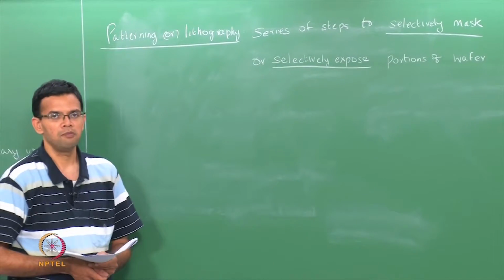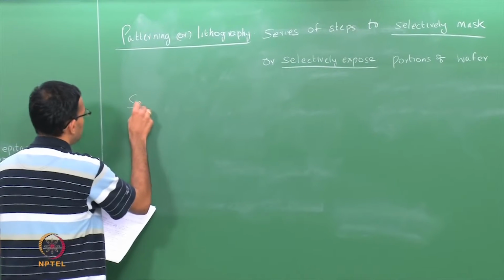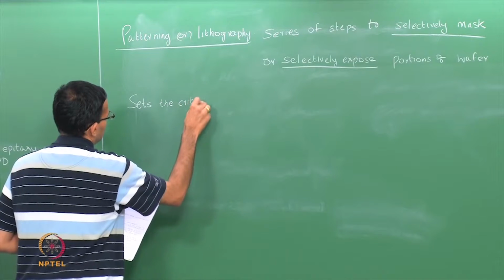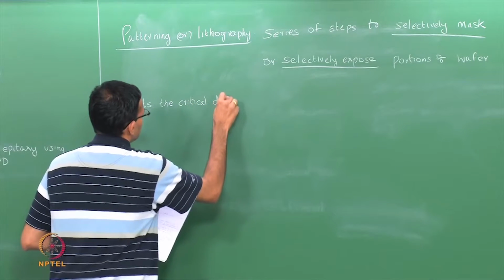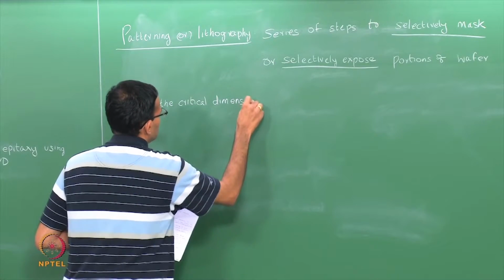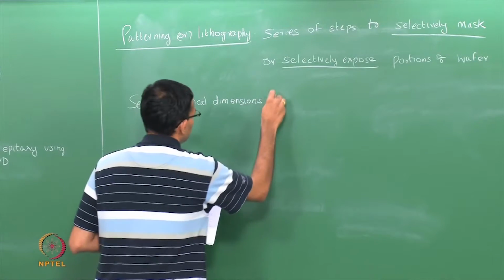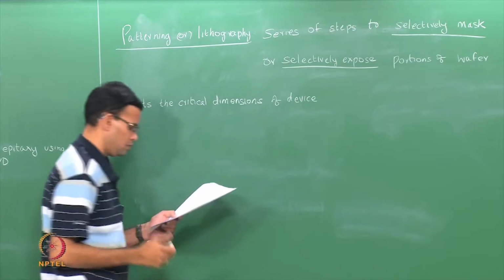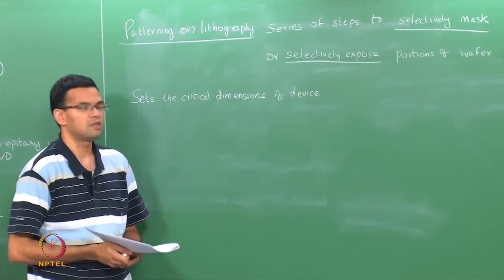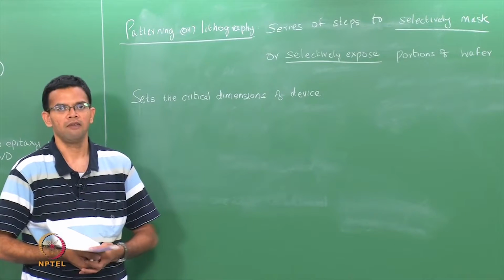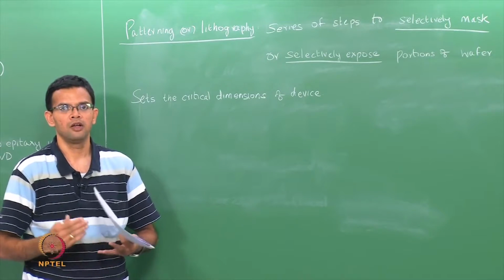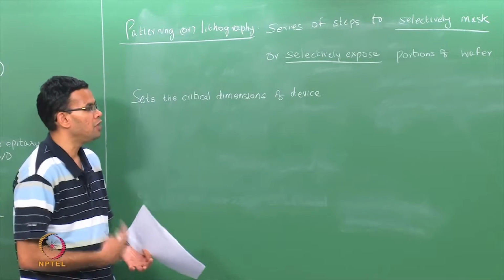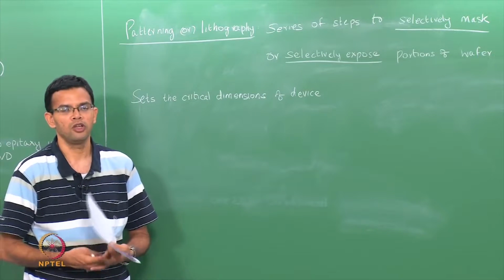So, lithography is important because it sets the critical dimensions of the device. So, remember, with the increase in technology, we have a situation where we are trying to pack more and more transistors in a smaller area, so that the individual device dimensions are all going smaller.